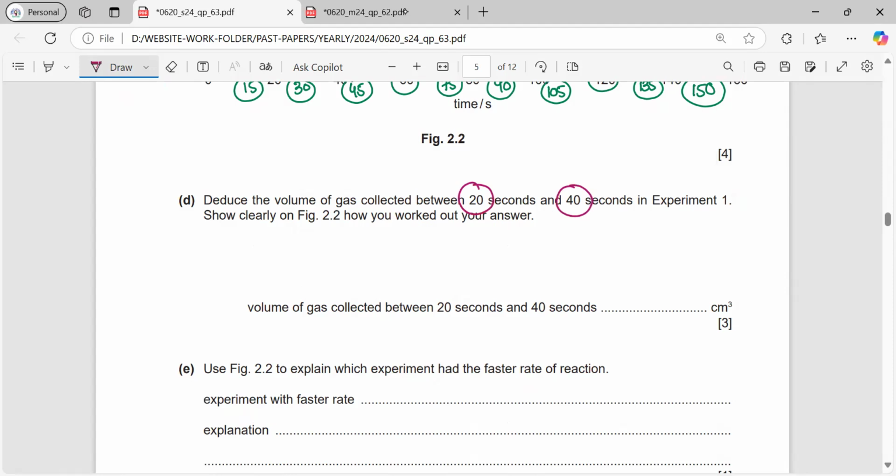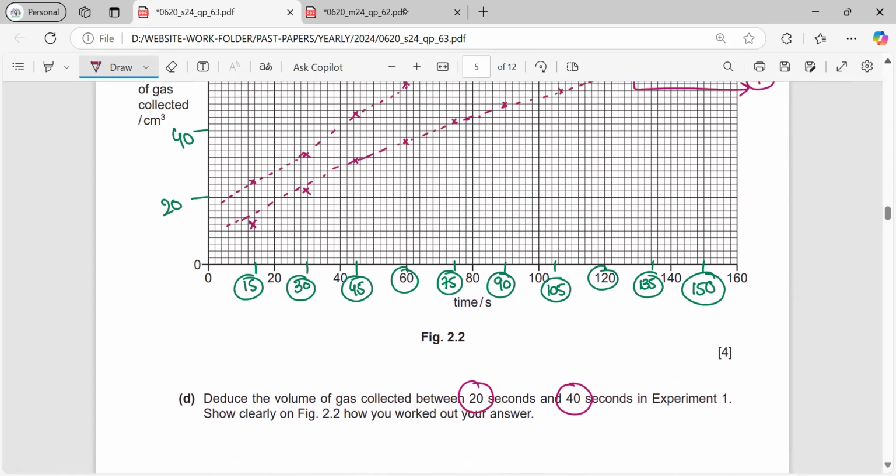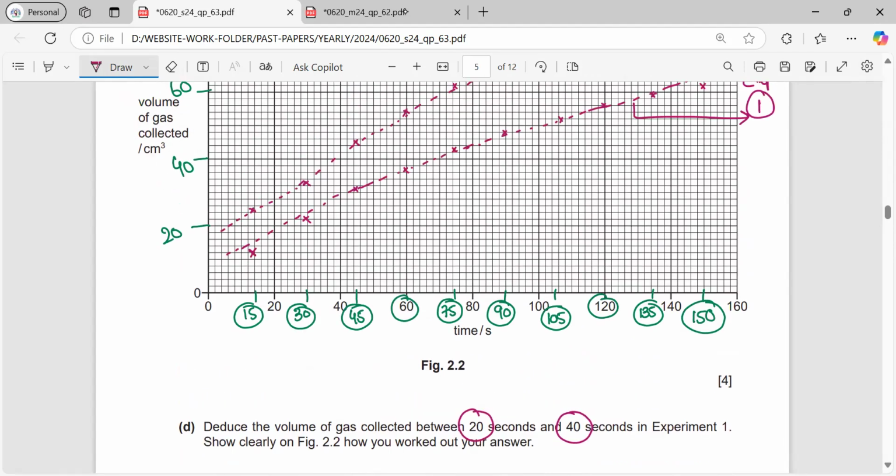Show clearly how you worked out your answer.